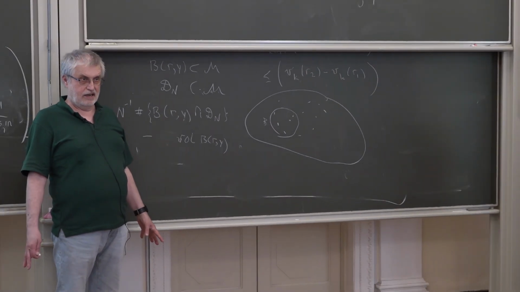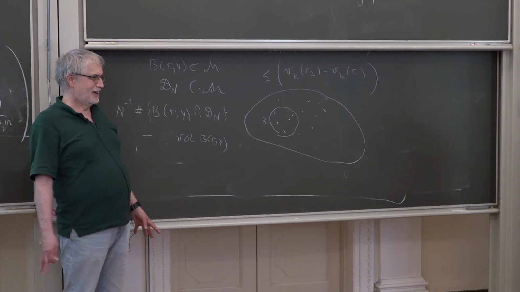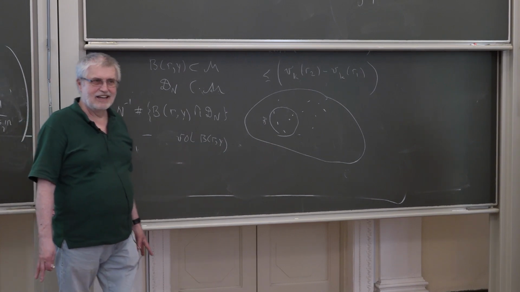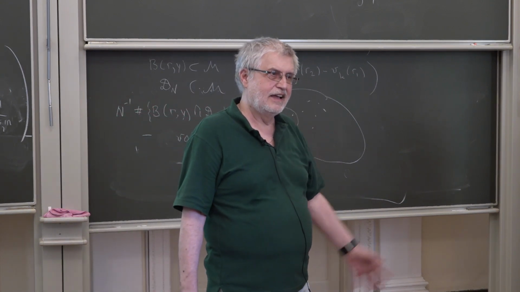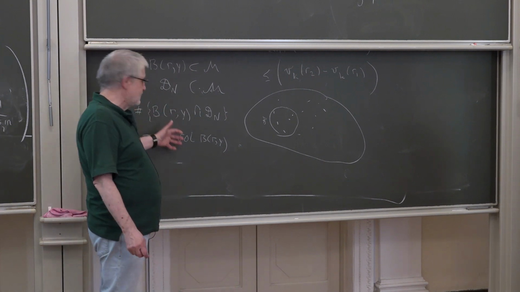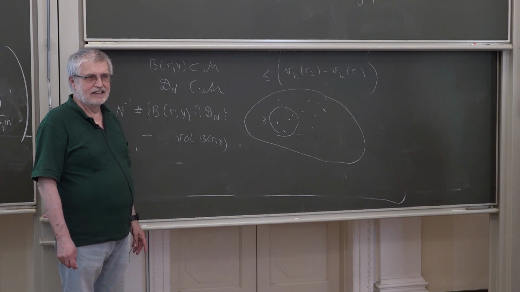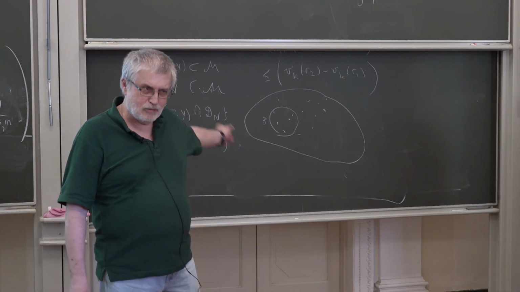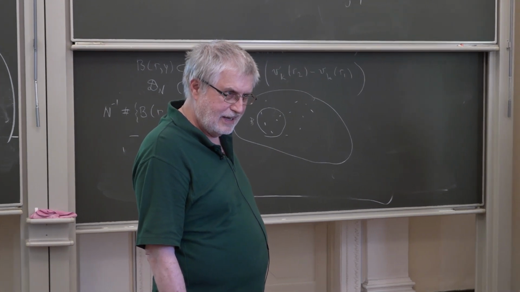Is it clear? Yes. Just one question: why is it called discrepancy? Discrepancy between what and what? The discrepancy between this and this. Is n assumed large or can it be 1?